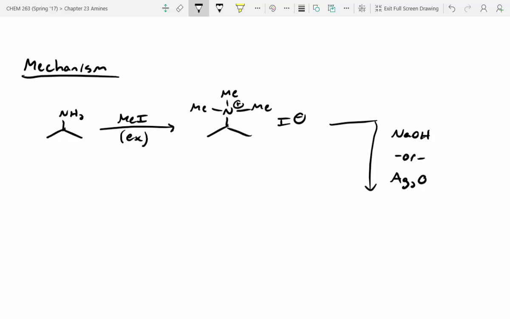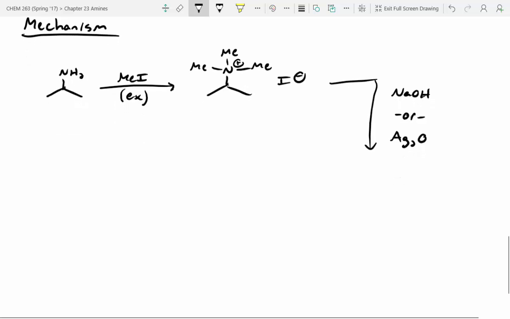The cool thing with metal oxides is when you put them in water, they do what? Anybody know? They form bases, and silver will precipitate out halogens. So this is a 2 for 1. So I'm going to highlight this and make a note.